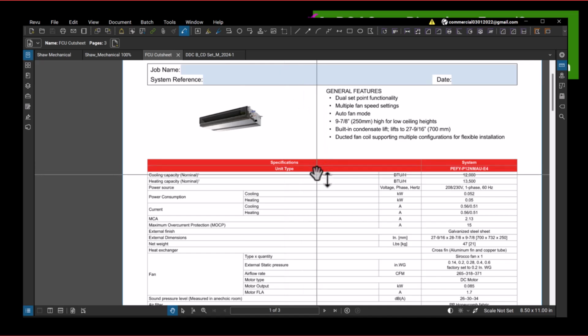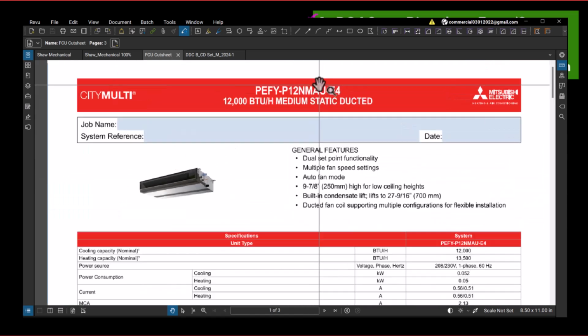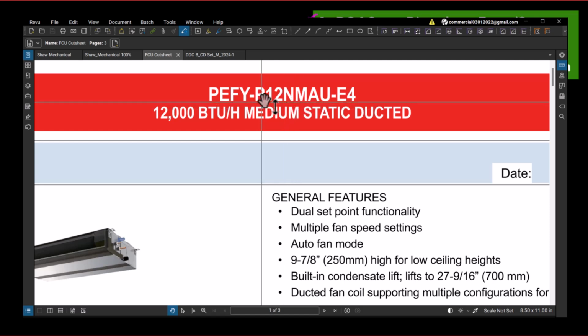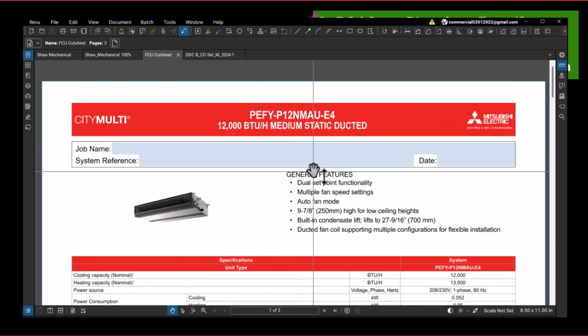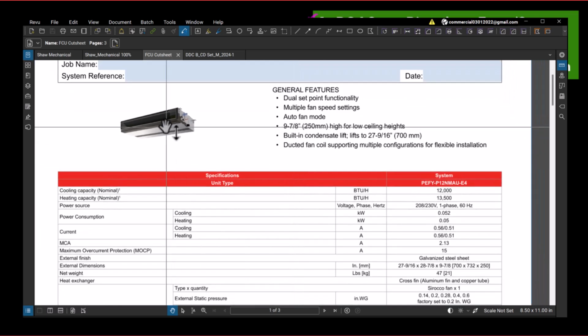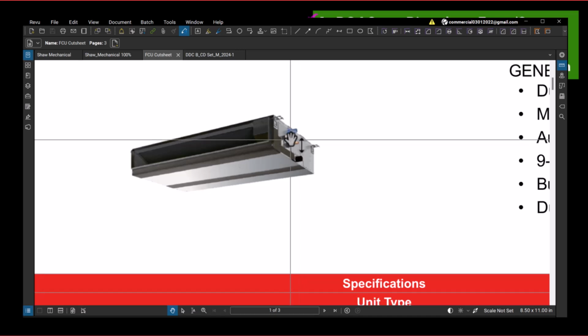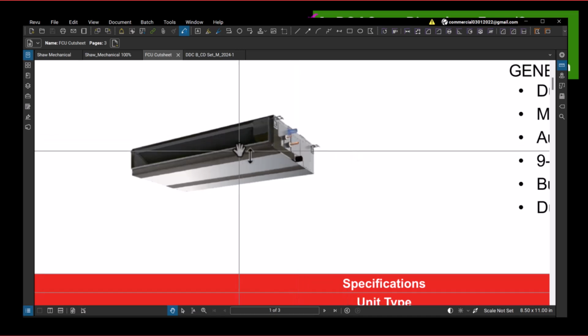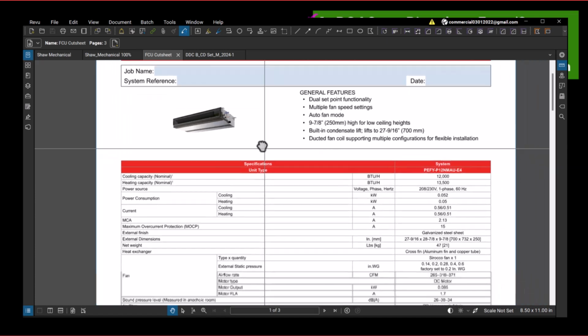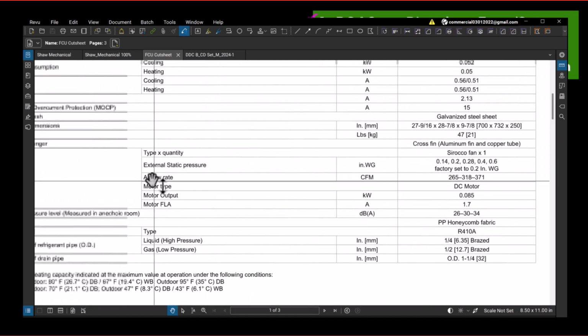So if we examine, this is the unit, right? So if I have this unit, PEF P12, we said that it's going to be 1 ton, medium static ducted. Okay, I don't have so much duct work. So this is the FCU actually, see? FCU and refrigerant lines, condensate line, and then for this, what are my speeds? I'm going to put in here, see, airflow rate.